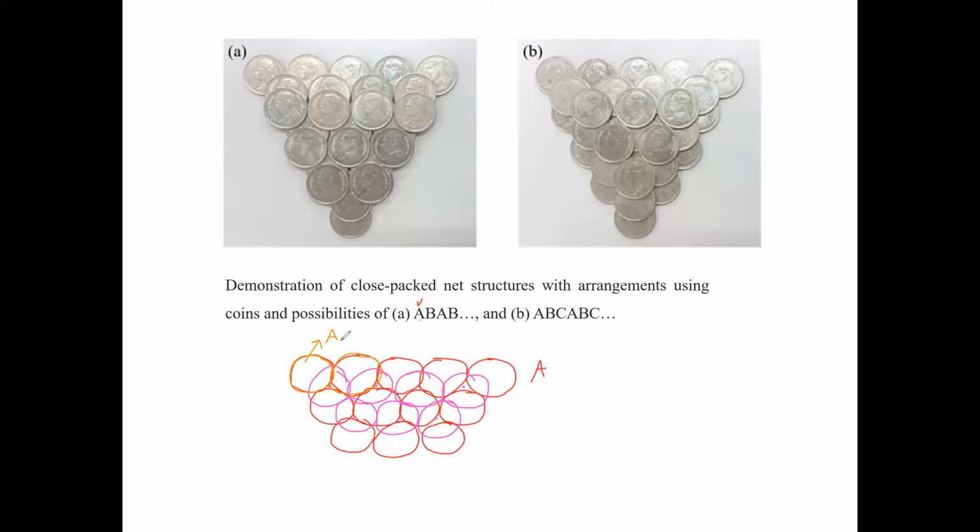On the third row, on top. So this is going to be A, B. So this is B. And another A. So this is A, B, A, B. Okay. How about A, B, C, A, B, C?